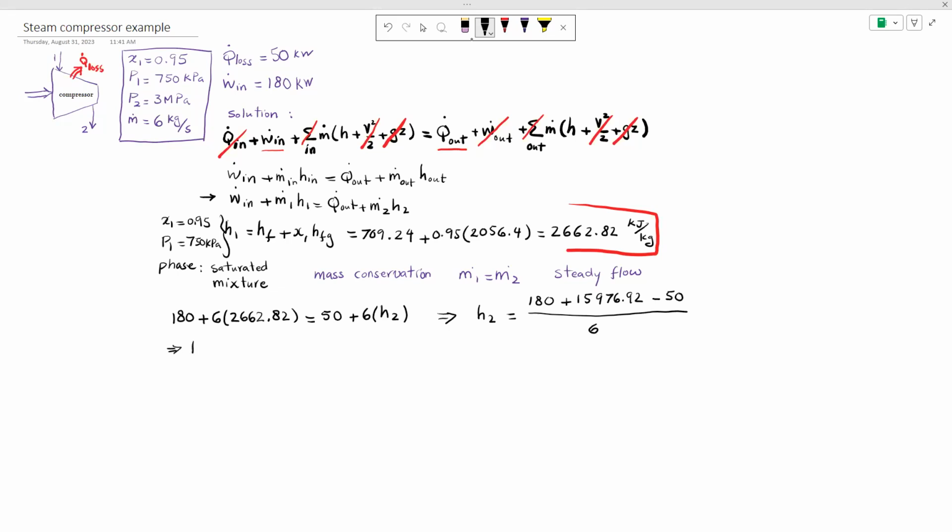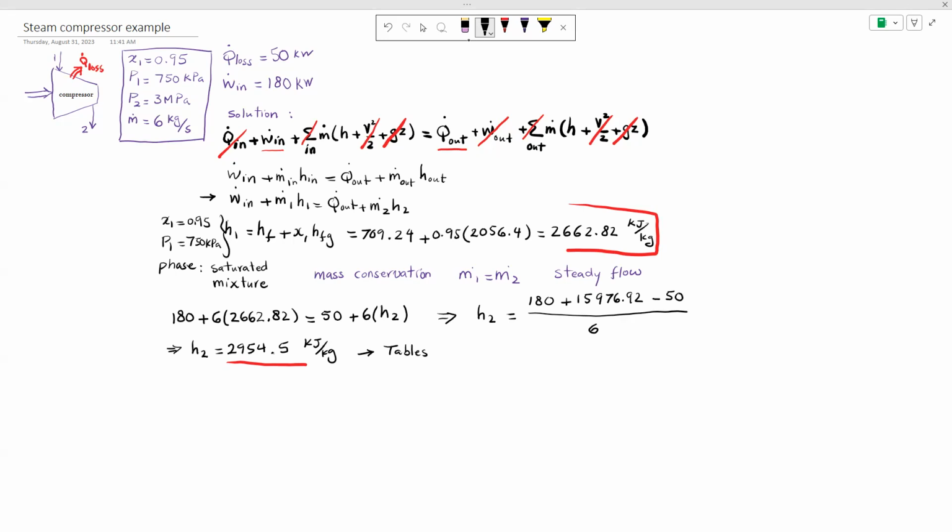And therefore, our final enthalpy is equal to 2954.5 kilojoules per kilogram. So there's one more step left after determining H2. Now we need to go back to tables and determine the phase and then read the temperature value.